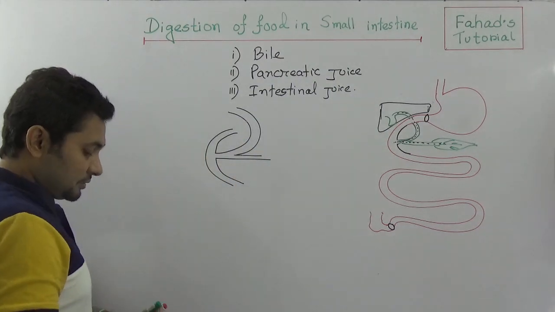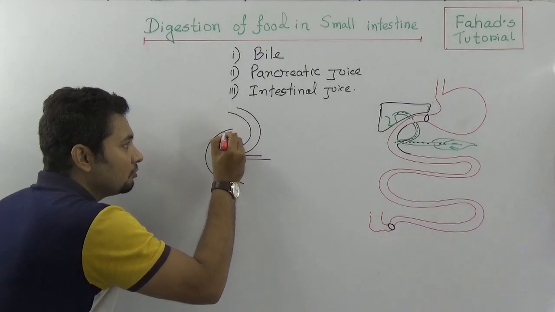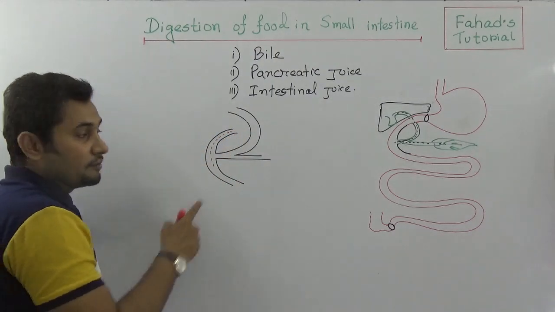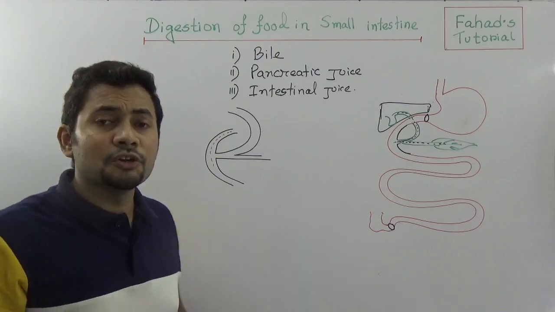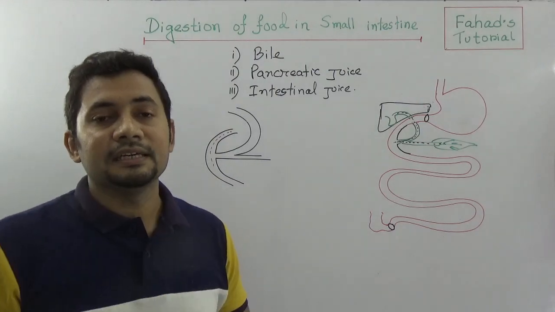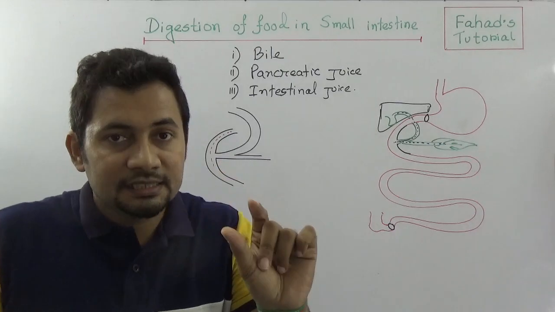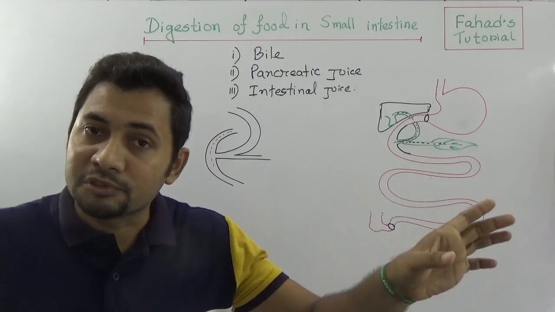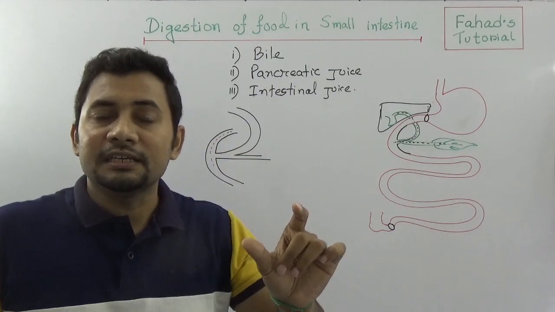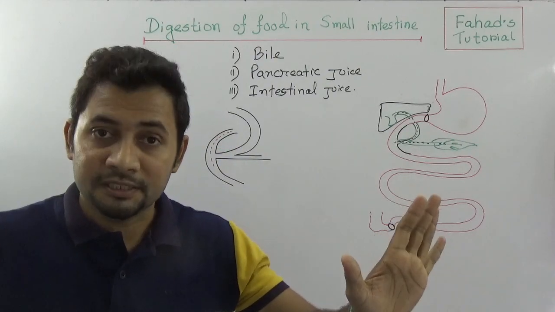When food moves this way from the stomach, it becomes chyme, and you should know that chyme is partly digested carbohydrate, partially digested protein and largely undigested lipids.